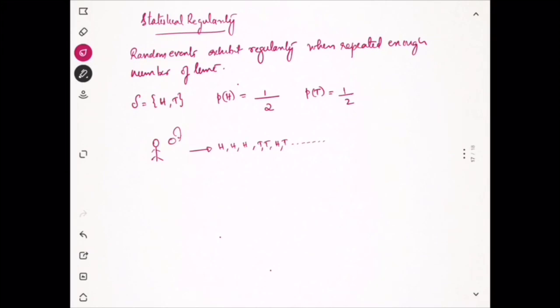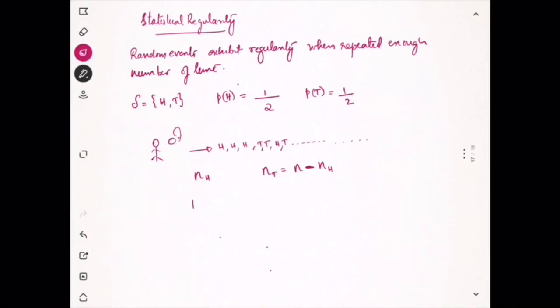So if you are repeating this experiment a large number of times and just count the number of heads and the number of tails, which is equal to the total number of repetitions, n, minus the number of heads.